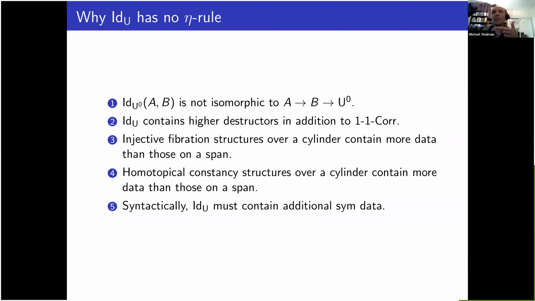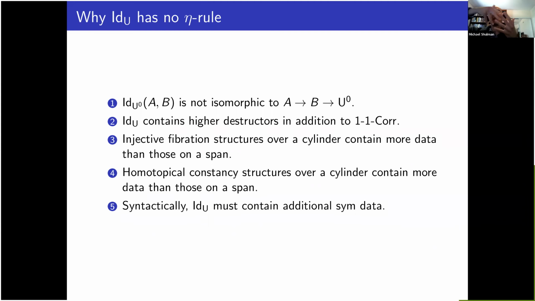If you define squares in the universe, Id_U, to be one-to-one correspondences, then squares in the universe turn out to be a heterogeneous square, which has left to right cofillers and right to left cofillers, but it has up to down uniform fillers, where you have things only along the bottom line that you can fill up to the top, and only things on the top line that you can fill down to the bottom. And that's not definitionally symmetric when you transpose it.